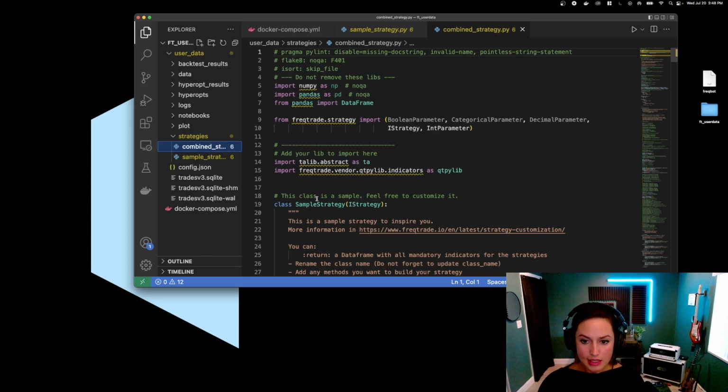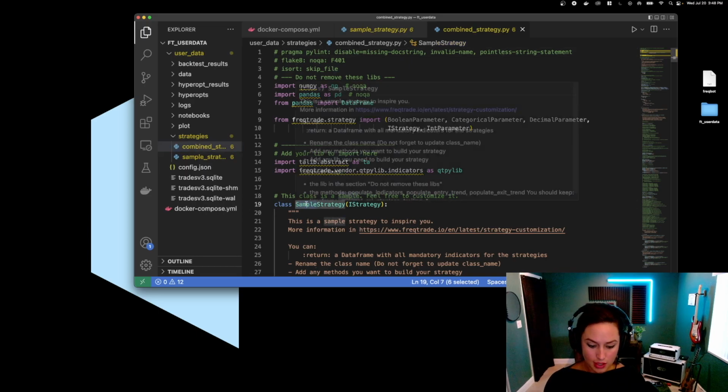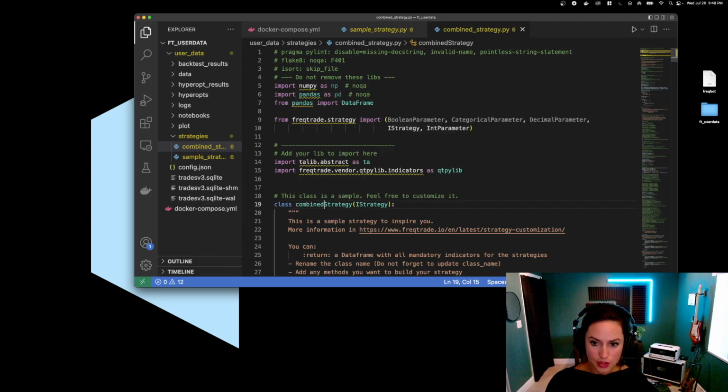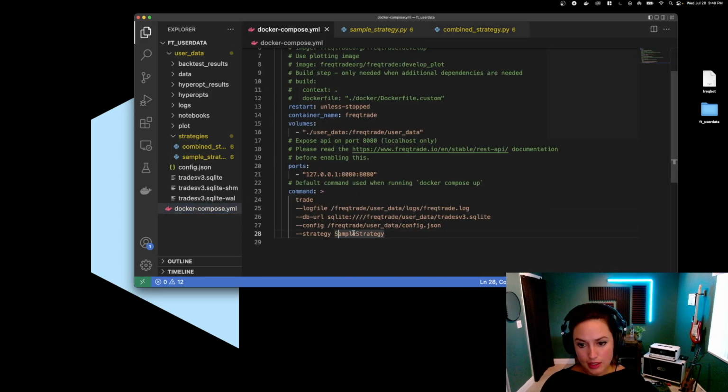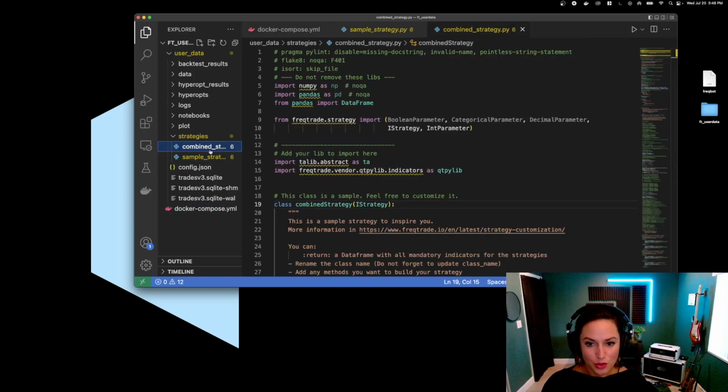Okay, and the class name has to be different. So I'm going to write combined strategy, and it's camel cased here. So I'm going to type it exactly the same way in my docker-compose.yml file. Okay, before I forget. Cool.